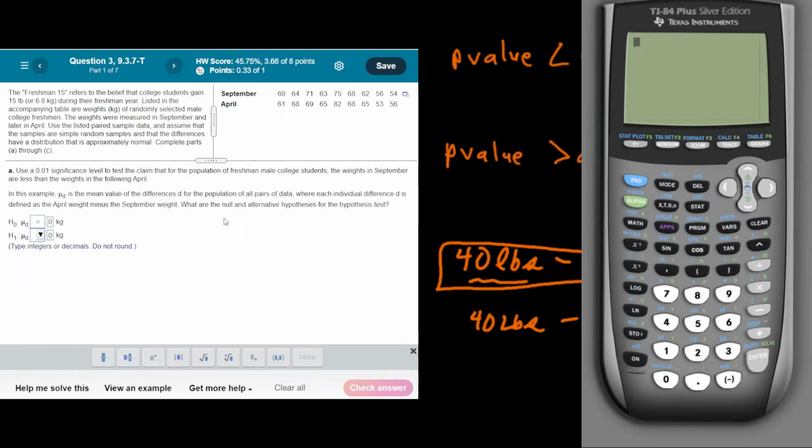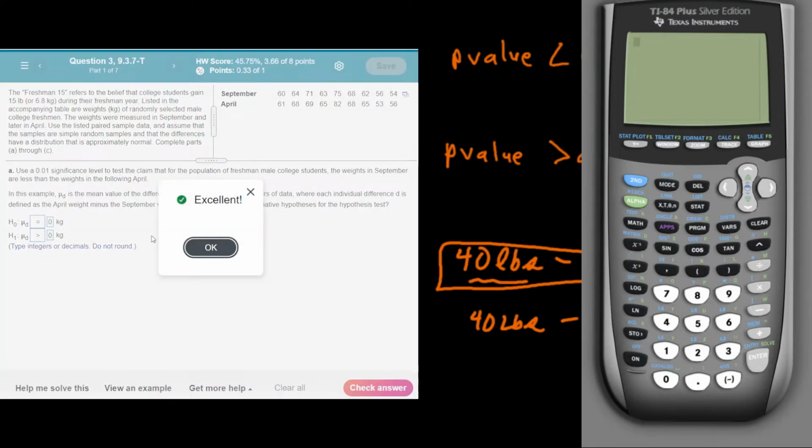So if we're trying to test a claim that September is less than April, which means that your weight in September is less than in April, do we choose the less than or the greater than symbol? It's greater than.